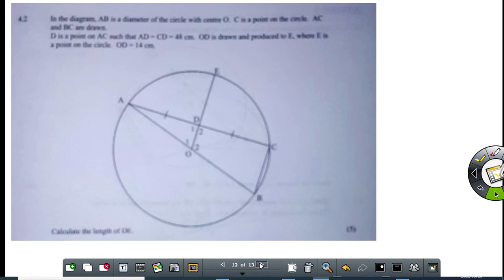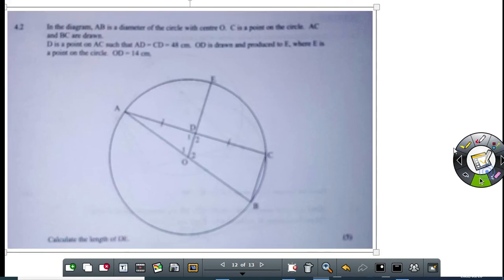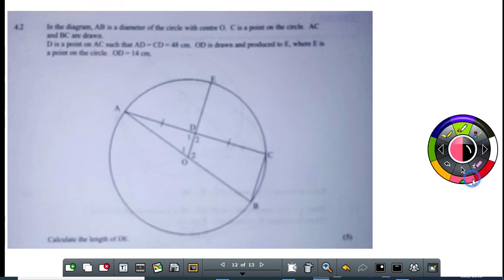Okay, now you are given AD is equal to CD. So these two lines are equal, and then you are also given that OD is equal to 14 centimeters, so that's 14 centimeters. Okay, now allow me to just add to make DE equal to X, so that I can end up having a triangle there.